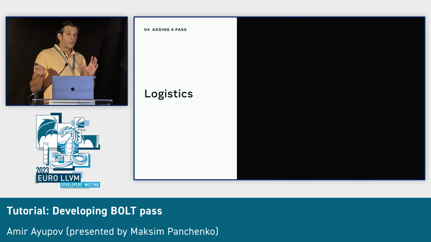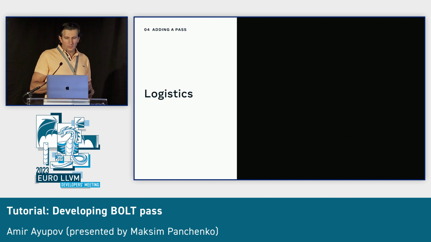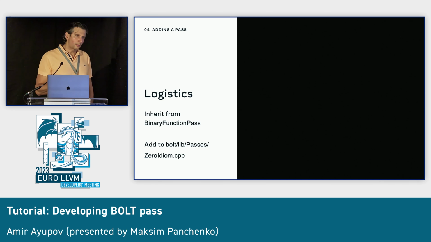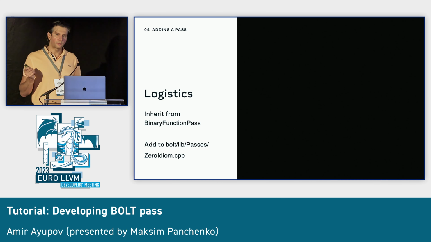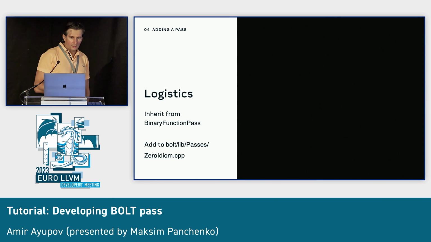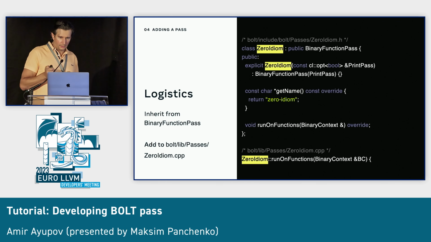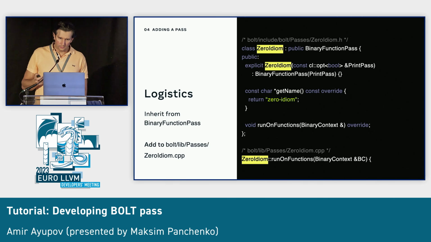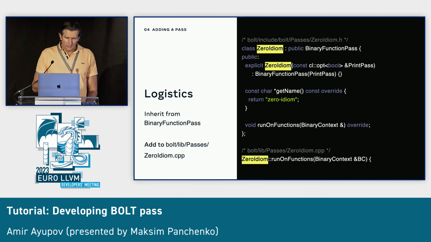So now we want to add a real pass, not just modify the existing peephole optimization. How do we do this? We have a directory with existing passes. We call them binary passes, not to be confused with LLVM passes. And we call our pass EuroLLVM, so we create a new file, which is the child of BinaryFunctionPass.